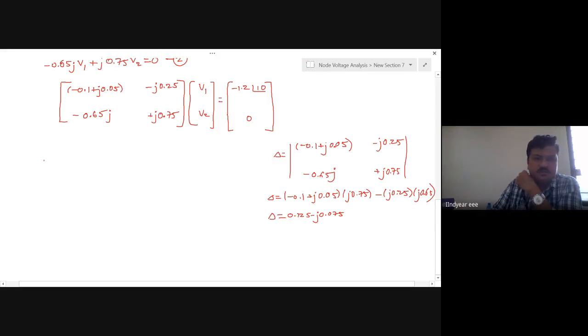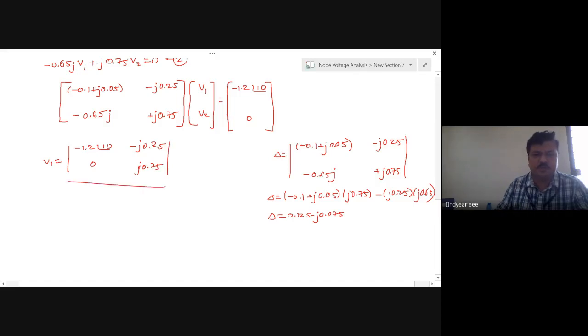Now V1 is equal to, do the substitution, determinant of the first column replaced by the solution matrix, that is minus 1.2 at an angle 10 and 0, second column as it is, minus j0.25, j0.75, divided by delta. Delta is 0.125 minus j0.075.